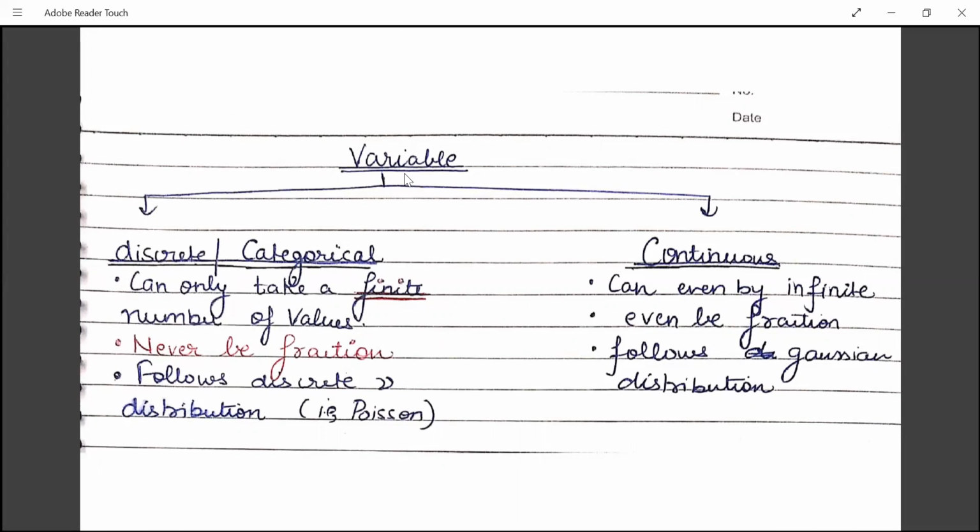Gender has male and female. So these two are the categories. This is a discrete or categorical variable, and another is continuous variable, where the value can be like 1, 1.1, 2, 3. It can either be a fraction or an integer. Basically, our weight, our height, they come under continuous variable.